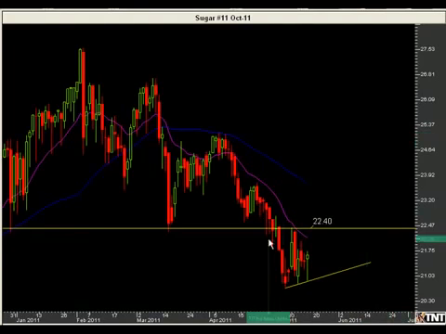Notice where the market bottomed out. It bottomed out right on this support trend line. So what is that telling you? That is telling you that there are buyers down here. There are people who are buying this trend line support.